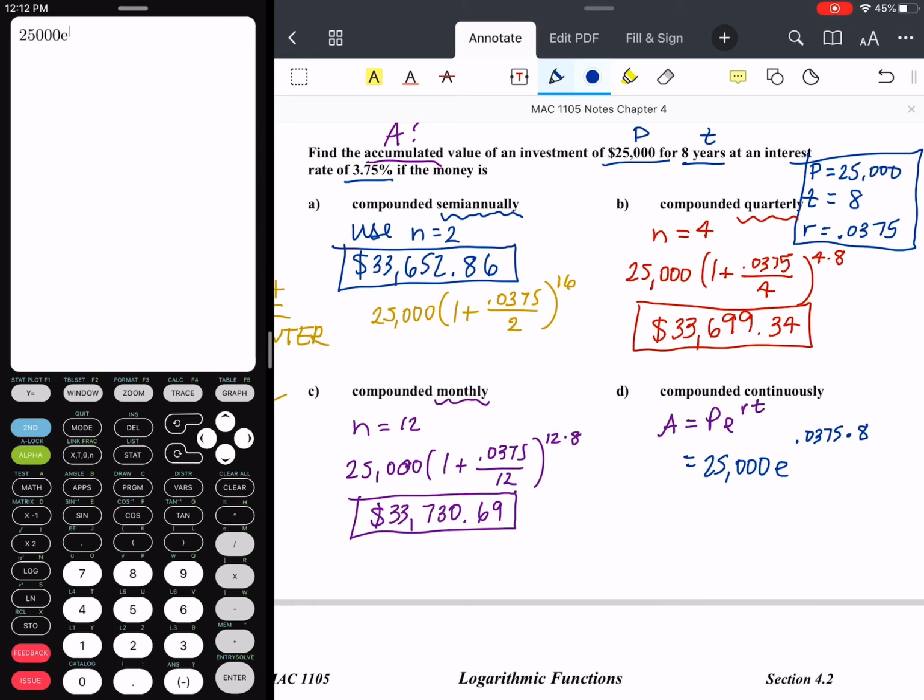And then it should put you in the exponent already, but if it didn't, you can use that caret key to get your cursor in the exponent. And then again, you can play it safe and use your parentheses. Why not? Doesn't hurt. 0.0375 times 8. Close your parentheses, hit enter. So this gives us $33,746.47.